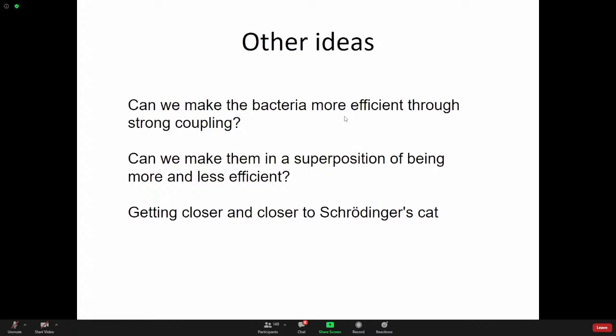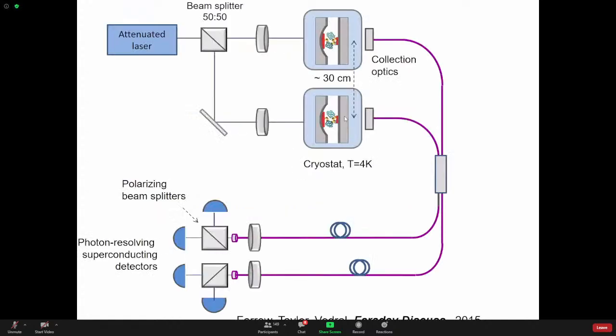And in fact, I want to show you what we have in mind and what we would like to do precisely to address this kind of question. I think this experiment would be fantastic. It's basically doubling what I just showed you, in the sense that we would like to have two microcavities separated by what you could call a macroscopic distance.